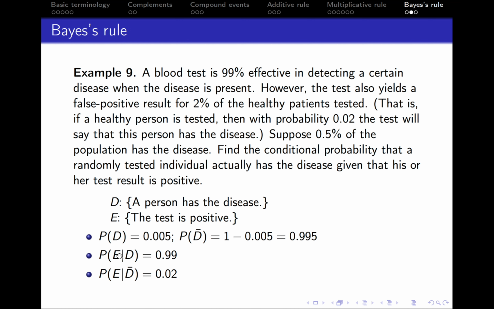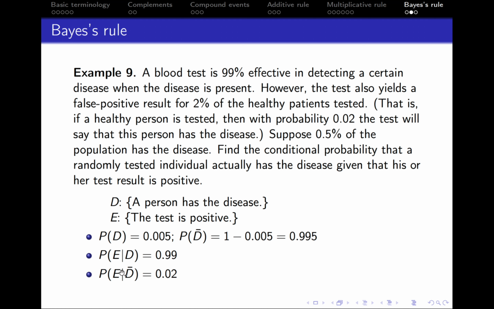We also know some conditional probability: given that a person has the disease, the test shows a positive result. In other words, what is the probability that a test is positive given that a person has the disease? So the test doesn't make a mistake, it is 0.99, and we know this from the very first sentence of this description.